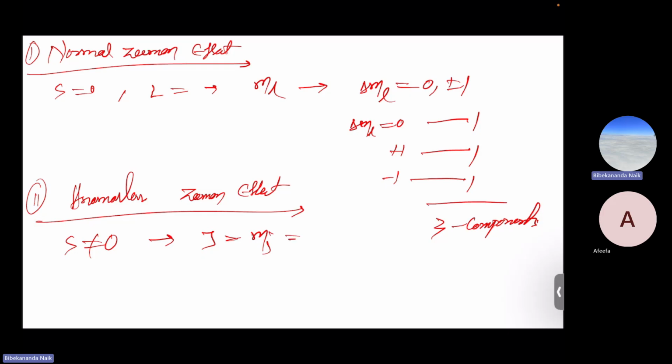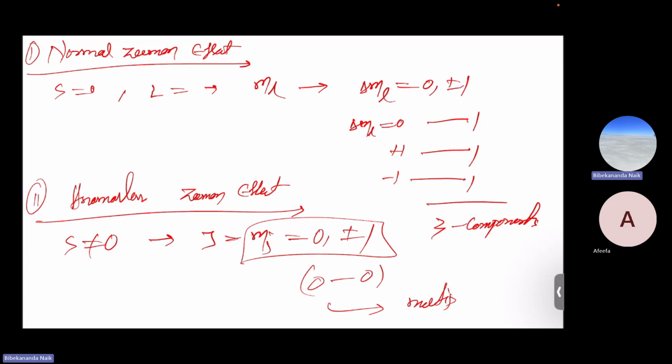According to the MJ values, the energy levels get split. The selection rule is delta mj equal to 0, plus or minus 1, and a 0 to 0 transition is not allowed. Also, depending upon the transition, we have multiple components.